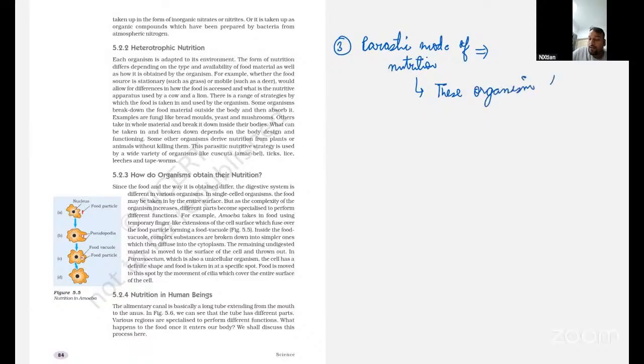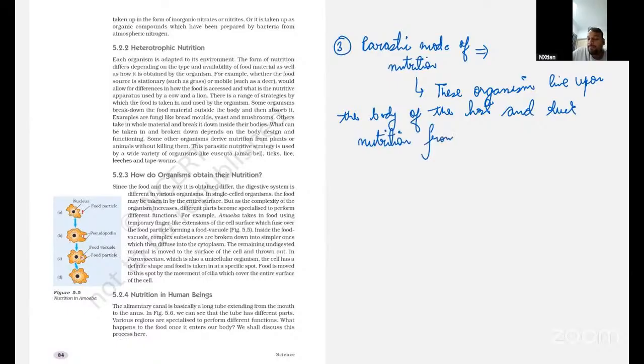Yes, sir. Parasitic mode of nutrition is basically these organisms live upon the body of the host. They live on the body of the host and suck nutrition from it.